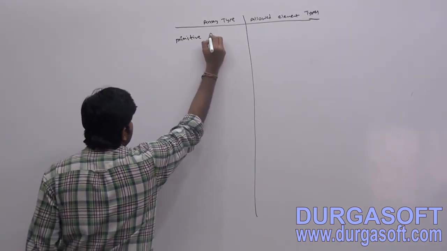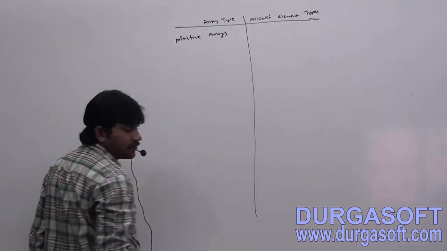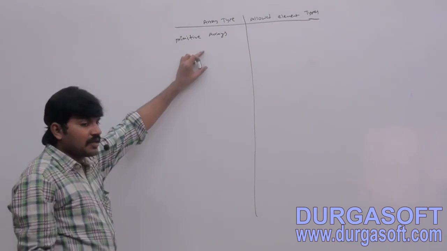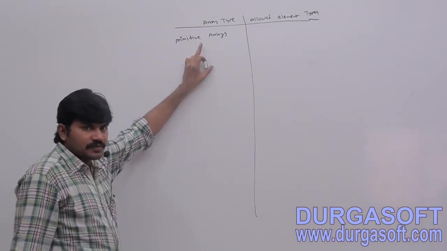Primitive arrays. Can you tell which data type elements are allowed for this array? Case 1, primitive arrays.